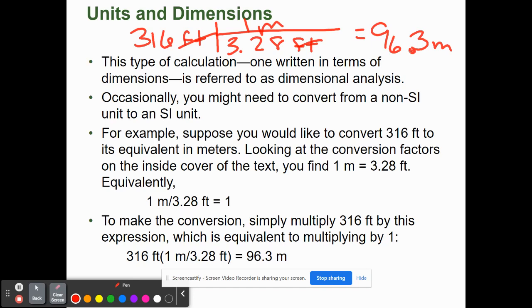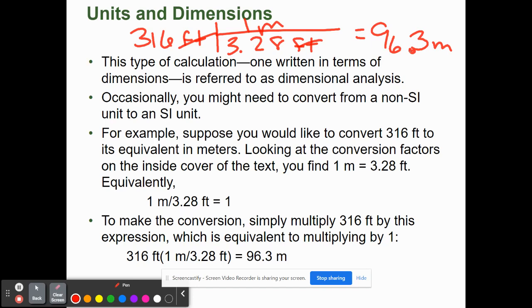So we measured 316 out to the ones place, to feet. How many significant figures are in the number 316? 3. The 3, the 1, and the 6.